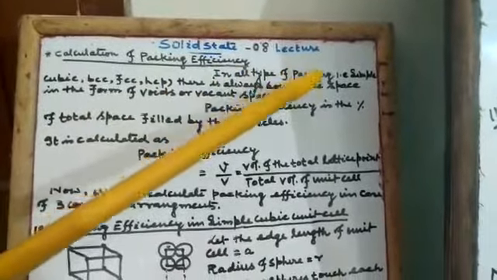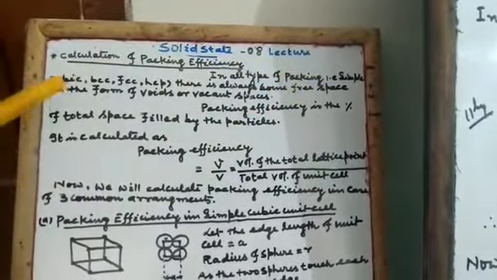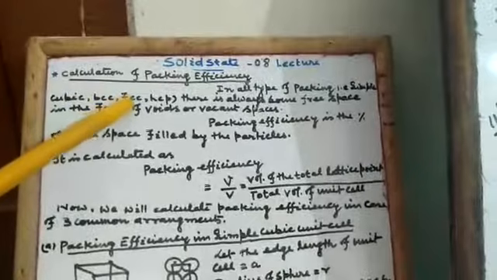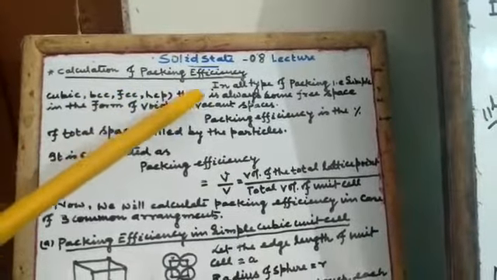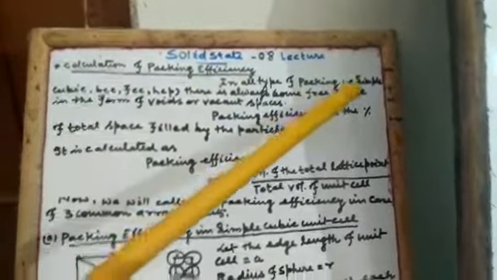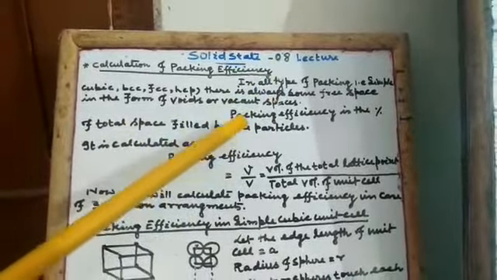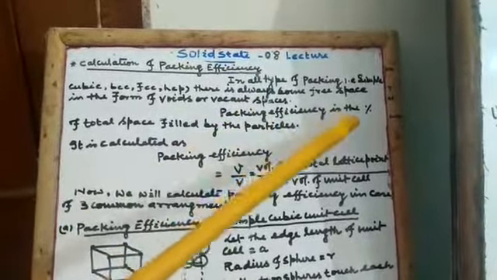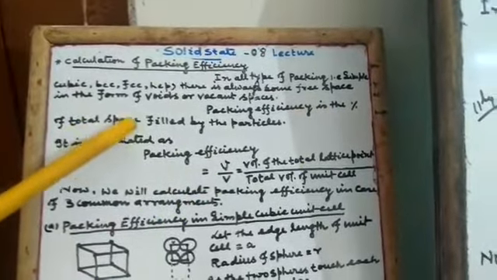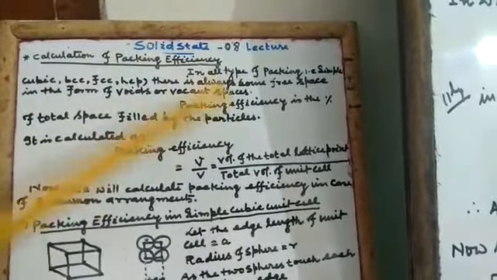In all types of packing, that is simple cubic, BCC, FCC, and HCP, there is always some free space in the form of voids or vacant space. Packing efficiency is the percentage of total space filled by the particles.